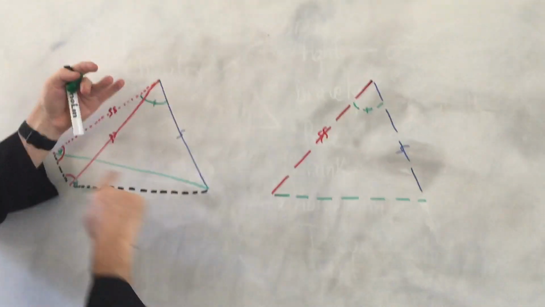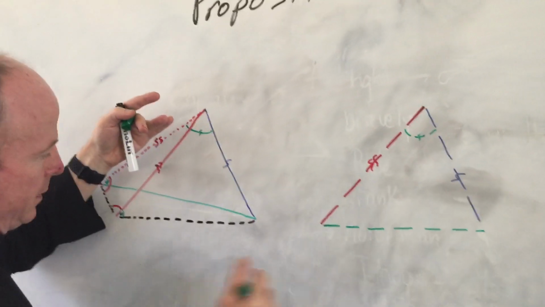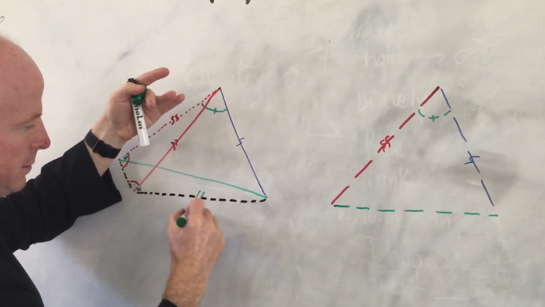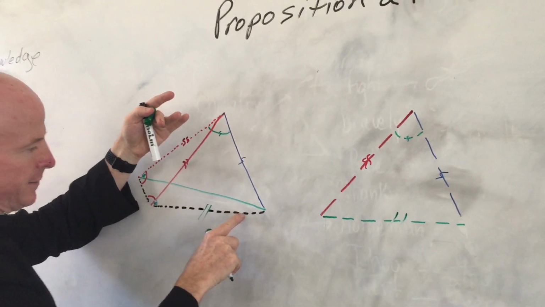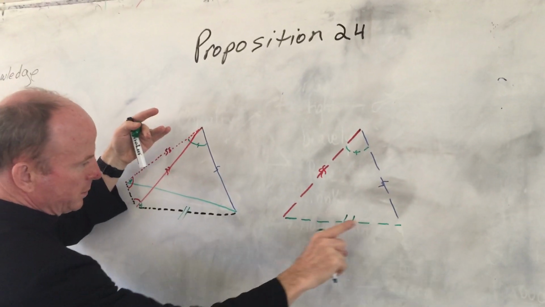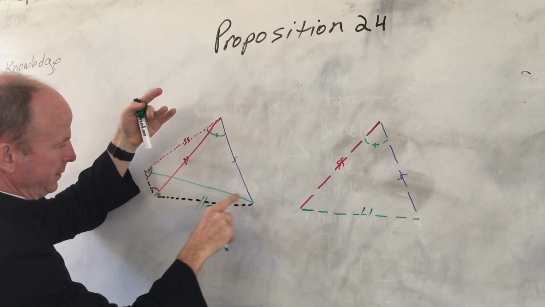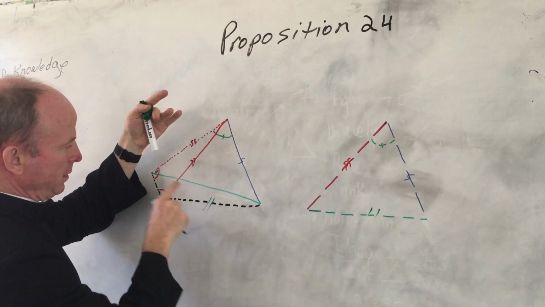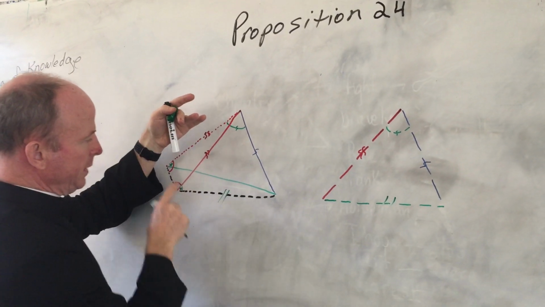We've got two triangles. Side, angle, side, side, angle, side. Therefore, the base is equal to the base. Great. So if this is equal to this, and this is greater than this, this will also be greater than this. Let's do that one more time.